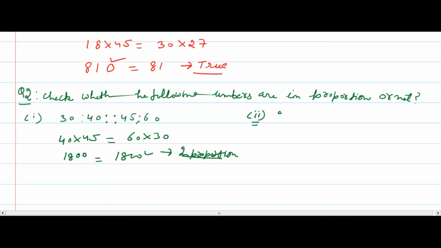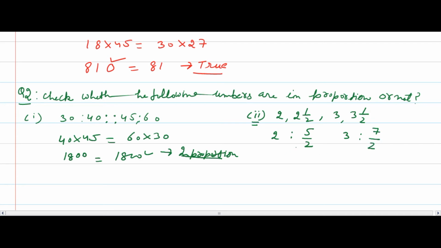So 2, comma, 2 and a half, comma, 3 and a half. So we put them as 2, 5 upon 2, 3, ratio 3, 7 upon 2.